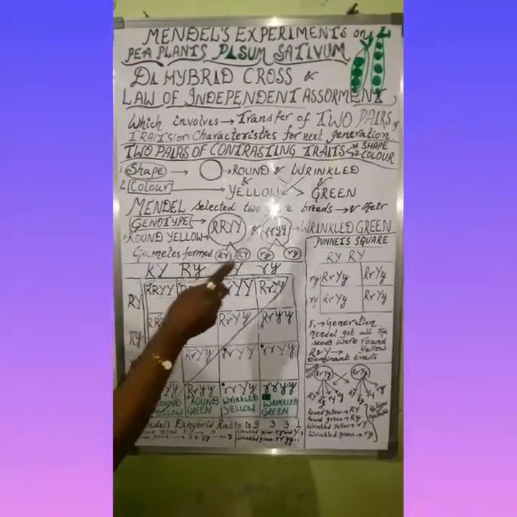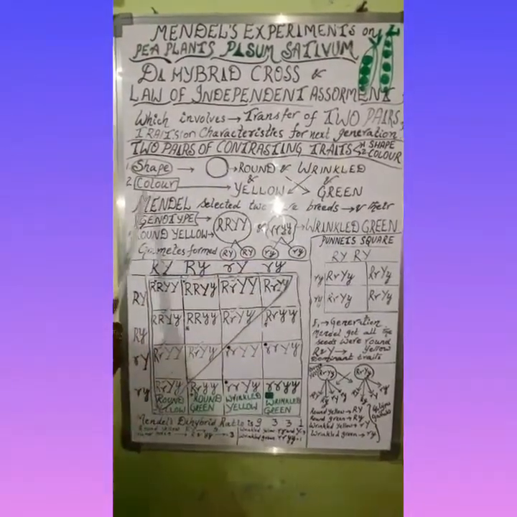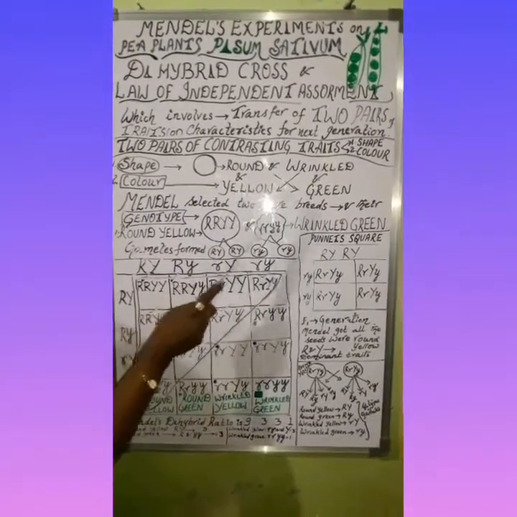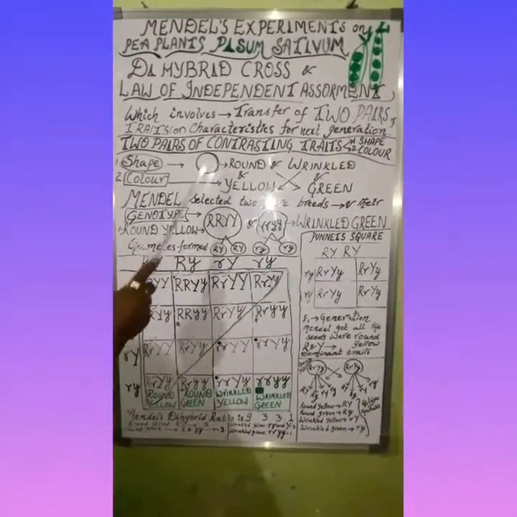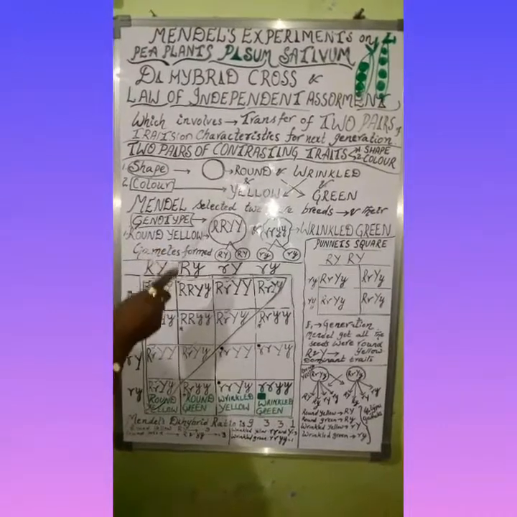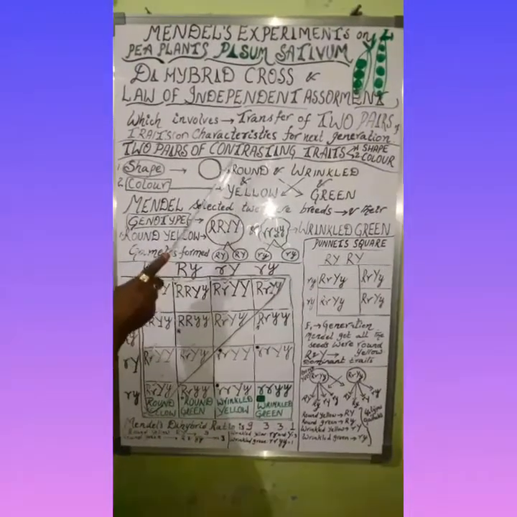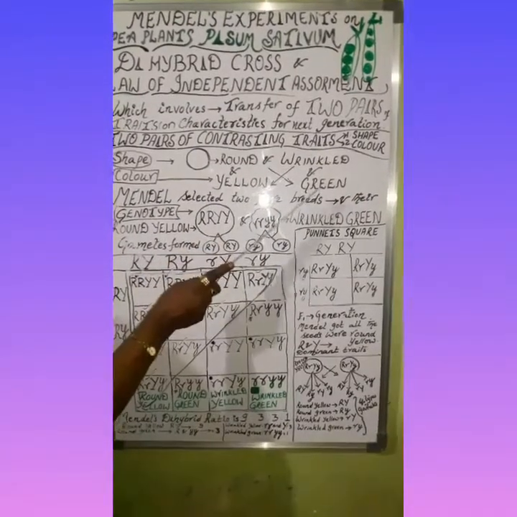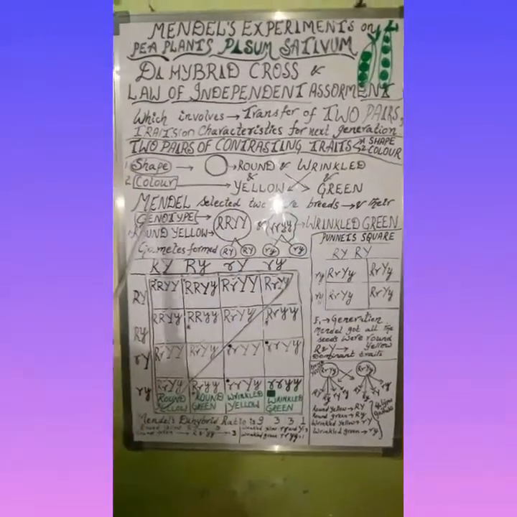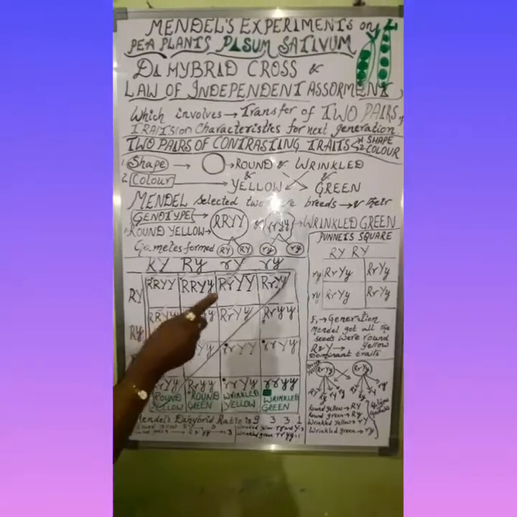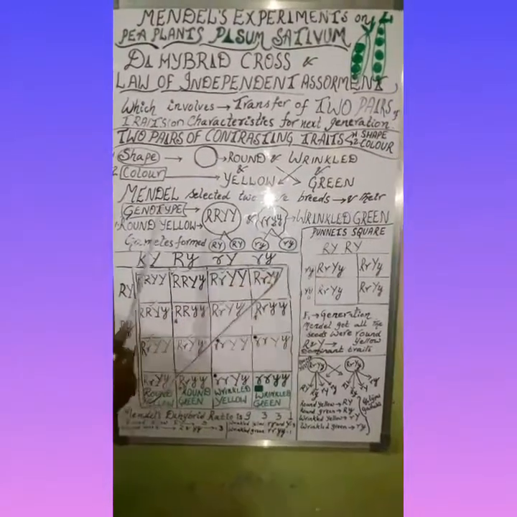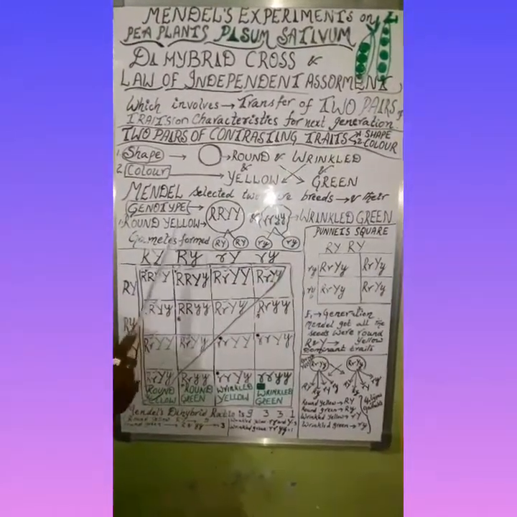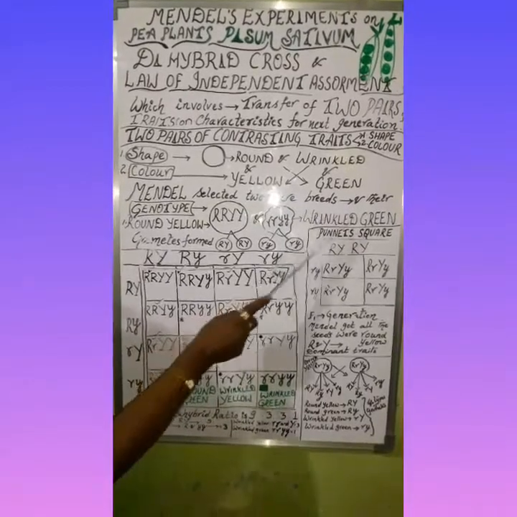Shape: round and wrinkled. Color: yellow or green. So Mendel selected two pairs of contrasting characters, round yellow and wrinkled green. Mendel selected two pure breeds, and their genotypes are round yellow and wrinkled green.